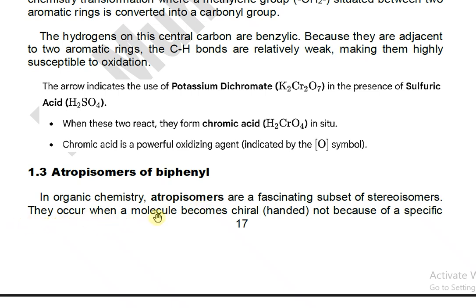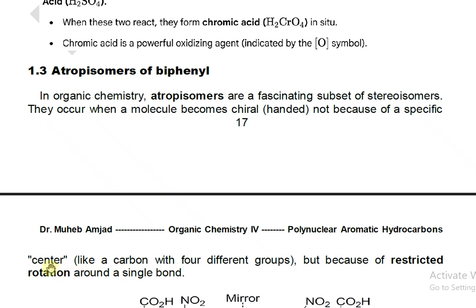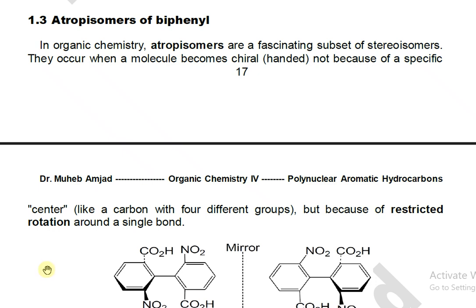They occur when a molecule becomes chiral, not because of a specific center. What does a specific center mean here? If you remember when we took stereochemistry, we talked about a carbon with four different groups, which gives us isomers for the molecules.